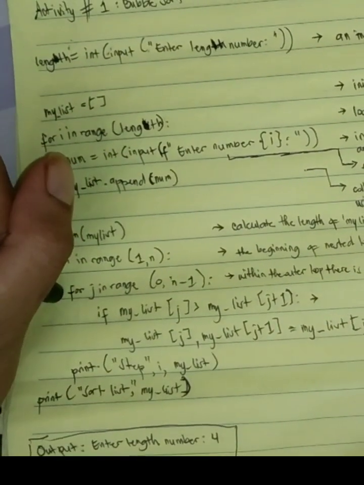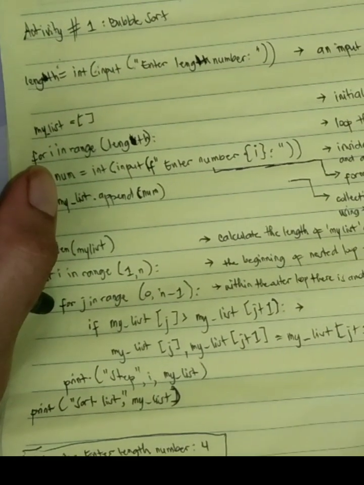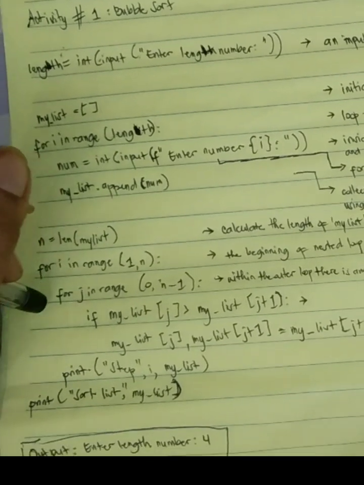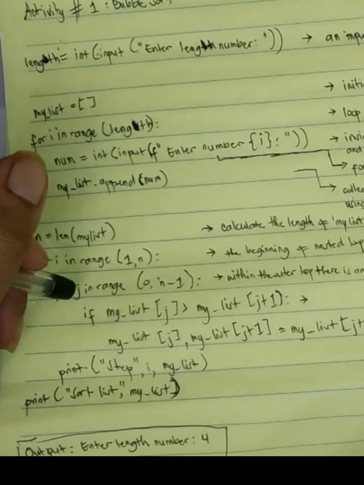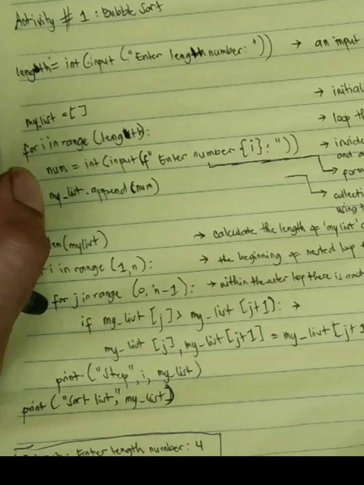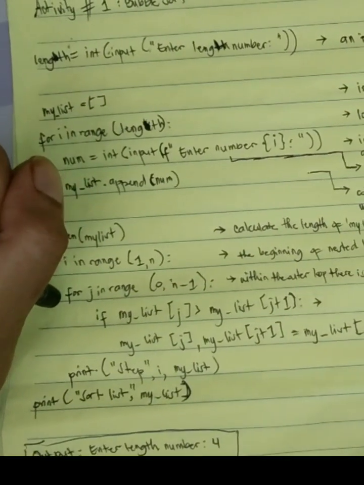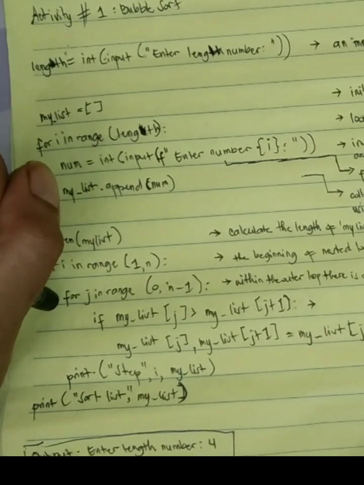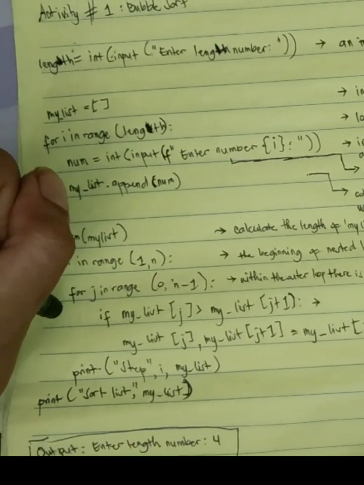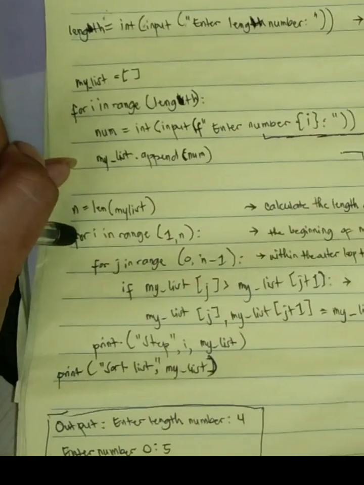Then, mudapang tayo sa baba. Within the outer loop, there is another loop na nag-iterate over si j from 0 to n minus 1, comparing elements in the list. Meaning, within the outer loop, naay another loop sa sulod.